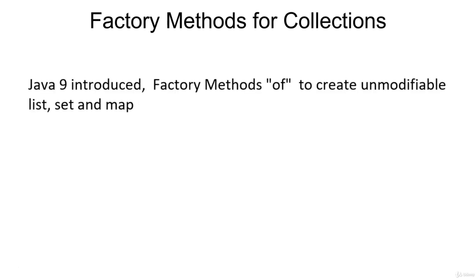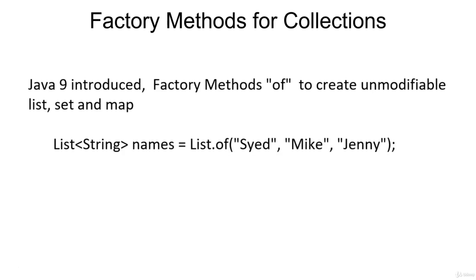So Java 9 introduced a method of, through which you can create an unmodifiable list, set and map. For example, to create a list of names which is of unmodifiable type, you can do List.of Syed, Mike and Jenny. So this will create a list of unmodifiable elements.